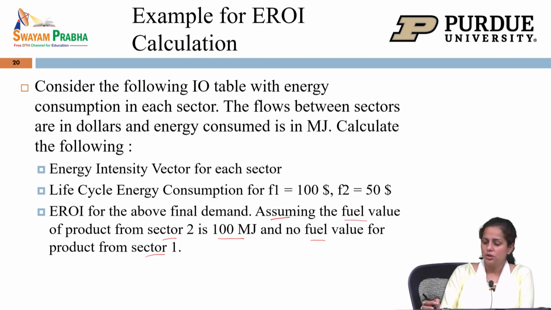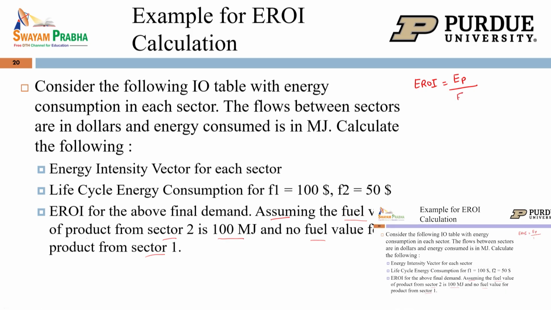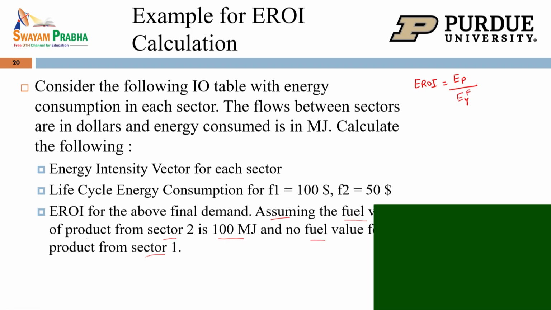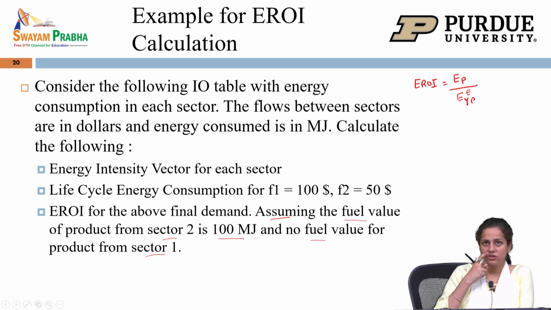So, remember our EROI is going to be the energy of the product divided by the life cycle consumption, or what we called as EP, which is the processing energy for the product.